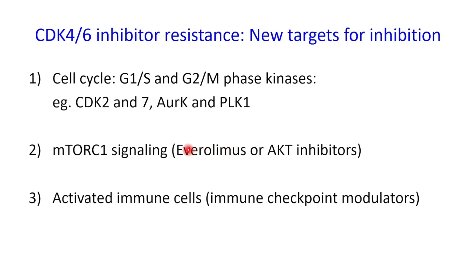There may be some evidence for going into those with drugs that inhibit the mTOR pathway, everolimus that hits it directly, but also AKT inhibitors that might be upstream of mTOR. And then, the findings are that you have activated immune cells, so maybe immune checkpoint modulators might be important post-CDK4/6 inhibition and potentially in combination with radiation therapy.